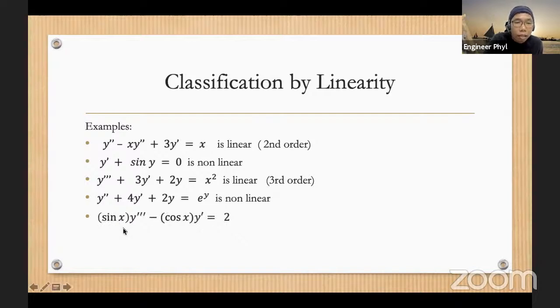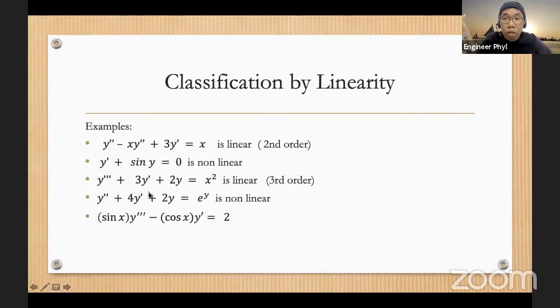Now, for the next example, we have sine of x times y triple prime minus cosine of x times y prime equals 2. As you can see, the derivatives have coefficients sine of x and cosine of x, and these are functions of x. Then take a look at the derivatives.